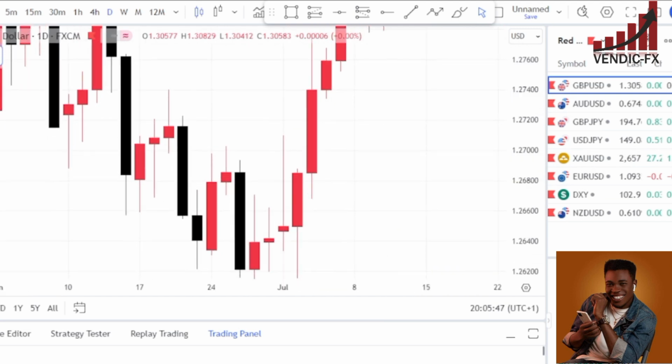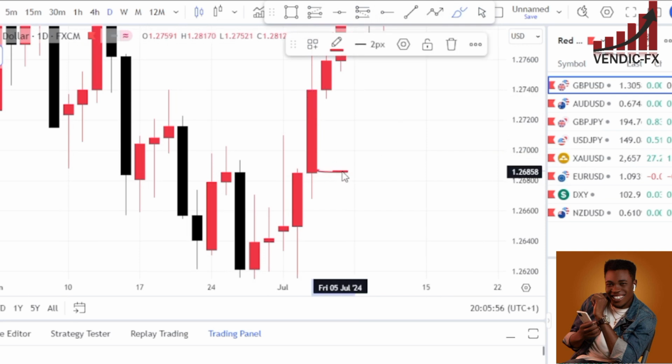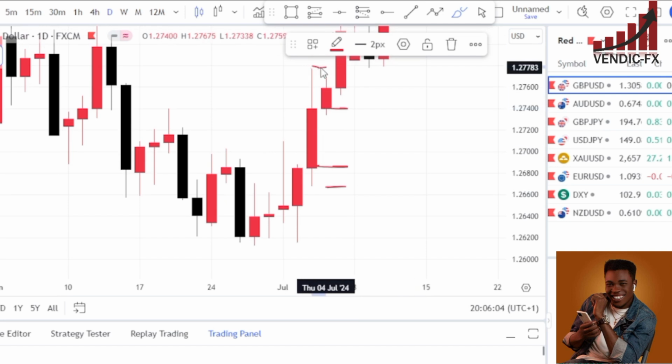If you take this as an example, this is the opening of the day, we have a wick of the day, the close of the day, then we have another wick here. So that's for this particular candle.